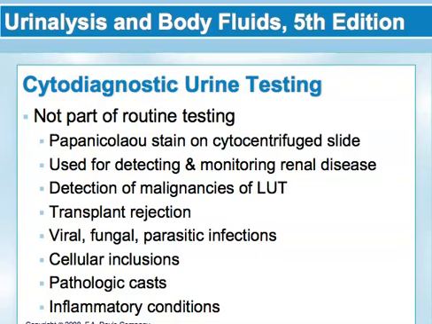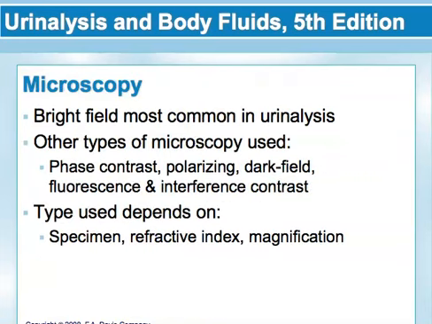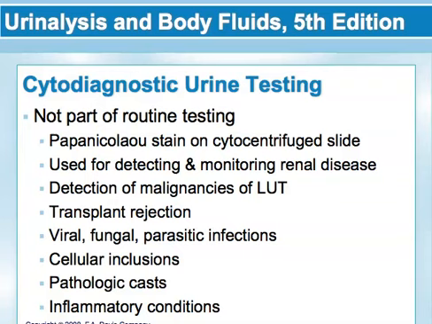It can also provide definitive information about tubular changes associated with transplant rejection, information about viral, fungal, and parasitic infections, cellular inclusions, pathologic casts, and different inflammatory conditions. Most likely this is not going to be done by the techs in your lab.